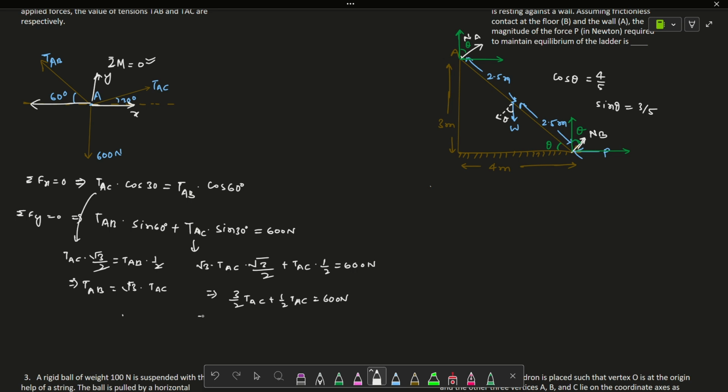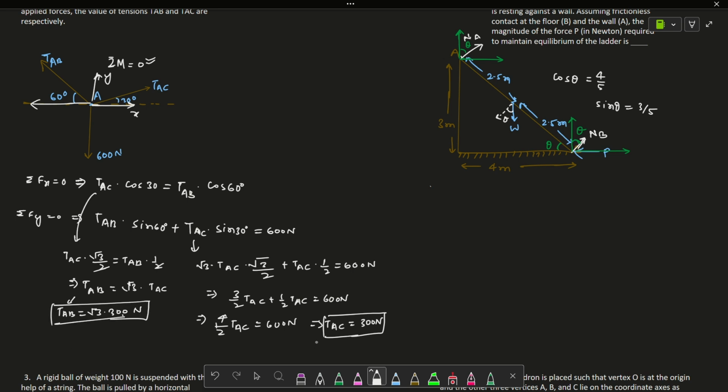And it will become 4 by 2, I mean 2 directly we can write, so 2 TAC is equal to 600 Newton. So TAC is equal to 300 Newton, right? So TAB will become root 3 into 300 Newton.